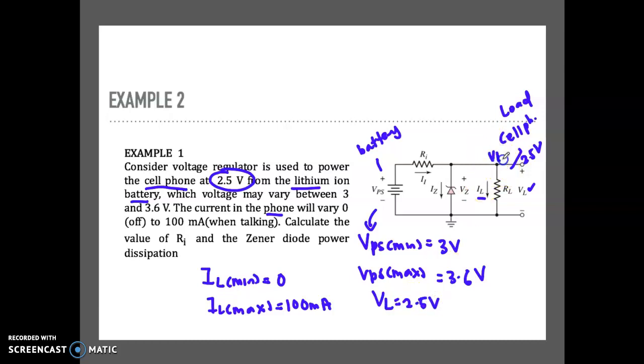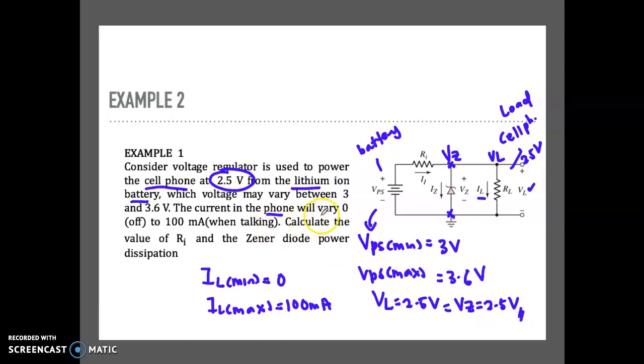Since your VL here is parallel to your Zener diode, and your Zener diode operates at reverse bias, you can name it VZ. You can equate VL and VZ as the same because they are parallel. When they are parallel, the voltage is the same. So VL equals 2.5, and your VZ also is equal to 2.5 volt.